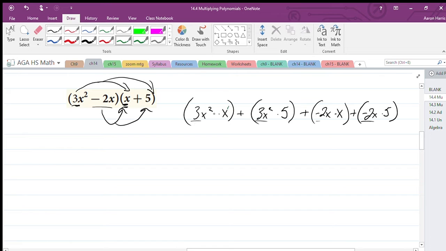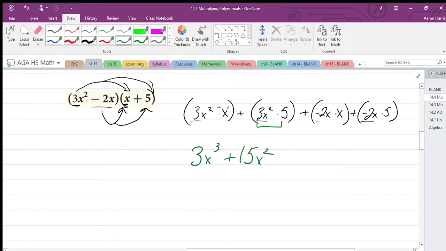There's an x, there's an x. When we multiply, we add the powers. So 3x to the third plus, what's 3x squared times 5? There's no variable here, so I just do the constants. 3 times 5 is 15x squared.